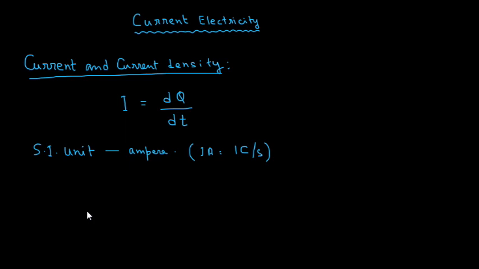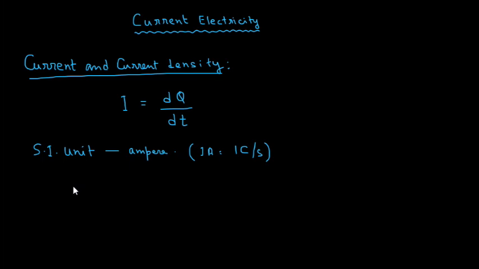Now the current I through an area A depends on the concentration n and charge q of the charge carrier, as well as the magnitude of the drift velocity Vd.